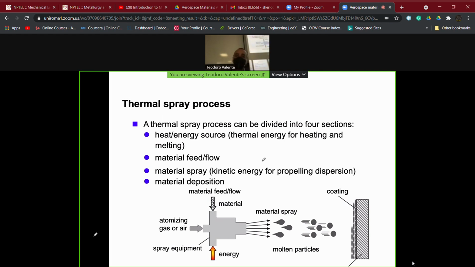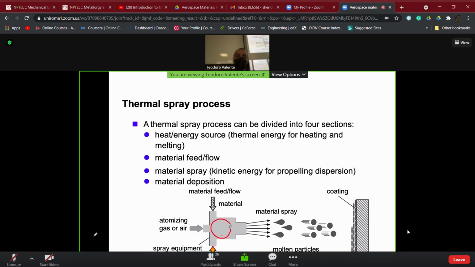spray process essentially four sections. The first section is a heat energy source, which is usually confined inside a gun.